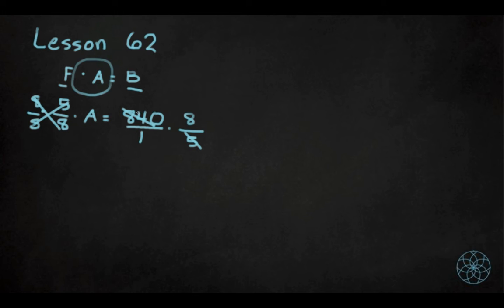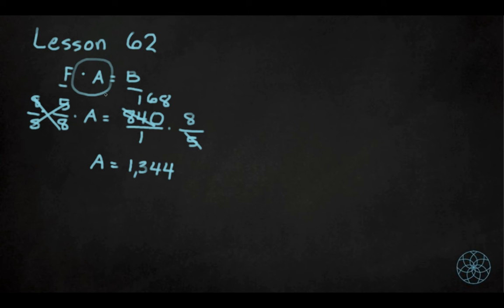Let's see, 840 divided by 5 is 168. I think 168. Hopefully that's true. And then A would be 168 times 8, which is 1,344, I believe. So now we know the total number of gnomes, which is what the question was asking.